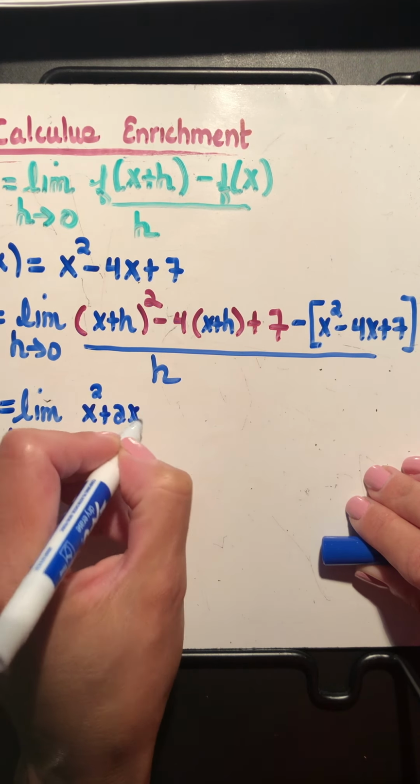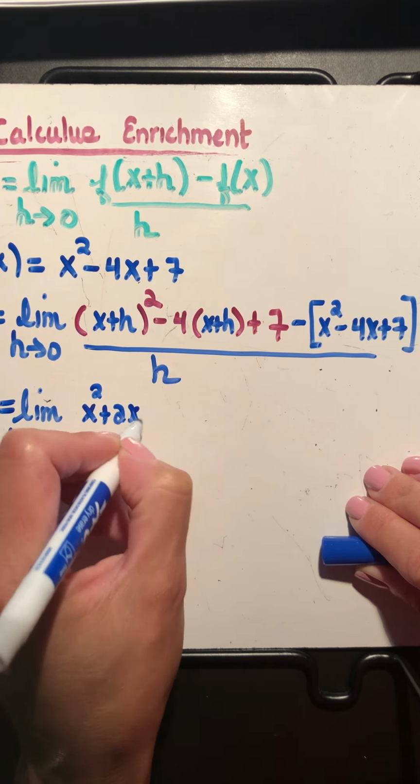Minus x squared plus 4x minus 7, over h. Now I'm going to clean this up a little bit, combine like terms, cross things out. We're going to notice a lot of things cancel. X squared and negative x squared cancel, negative 4x and positive 4x, 7 and negative 7. And essentially, we're left with the limit as h approaches 0.